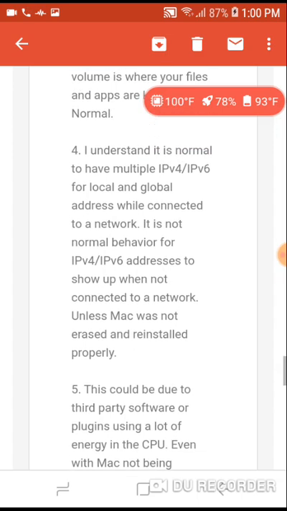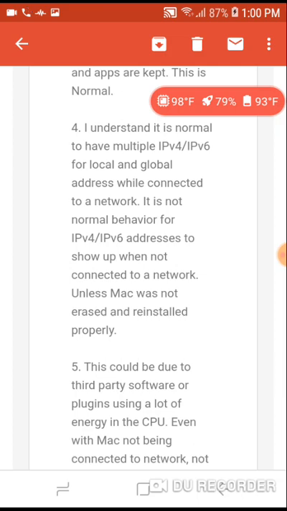Because on a very rare occasion, I've had a handful of people have problems with their computer fresh out of the box. I even had somebody with a brand new 2020, I think it was one of the M1 models, one of the newest ones. As soon as they opened it, they tried to sign into their Apple ID, but they got a network error. And they had all kinds of weird errors trying to sign into their Apple ID, trying to connect to their Wi-Fi. So they tried to just turn it off and turn it back on again and start over.